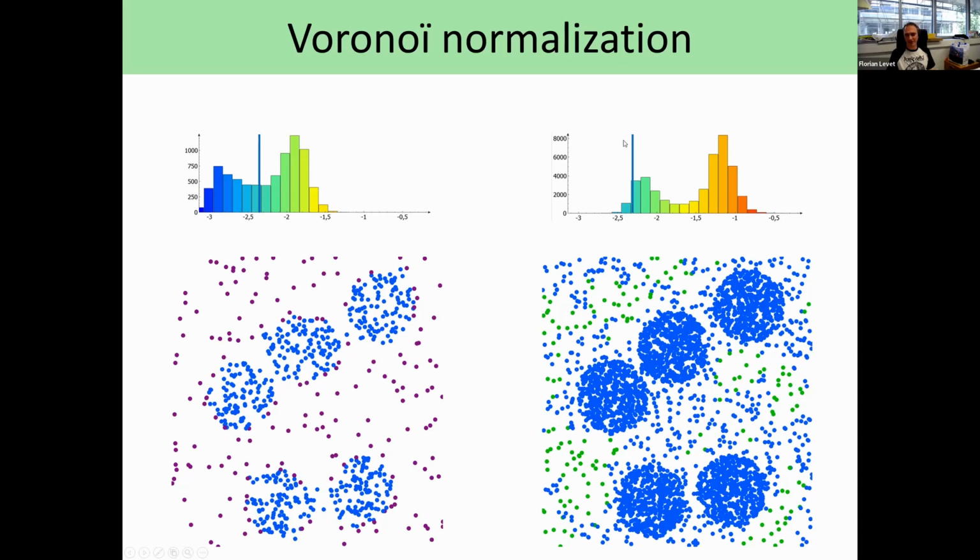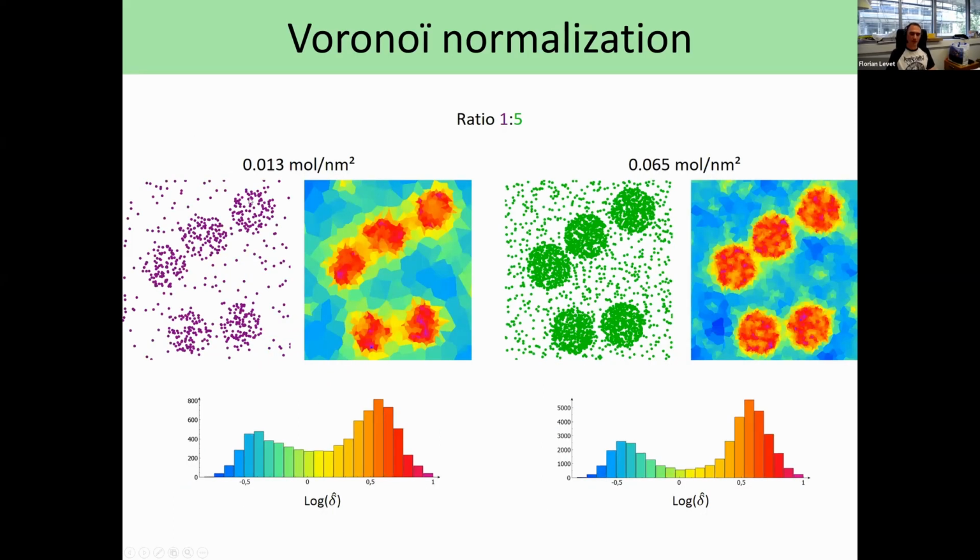But if you put exactly the same threshold in the denser data set, you will end up with this crappy segmentation where you begin to segment basically the background also. But what you can do is that you divide the local density by the average density of your data. So basically, it's the number of localizations divided by the area of the data. When you do that with these 2 data, you can see that now the frame of the 2 distributions is the same.